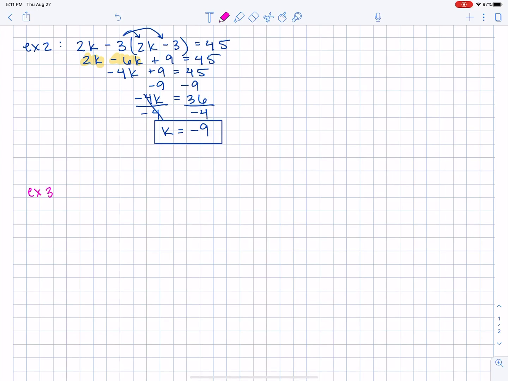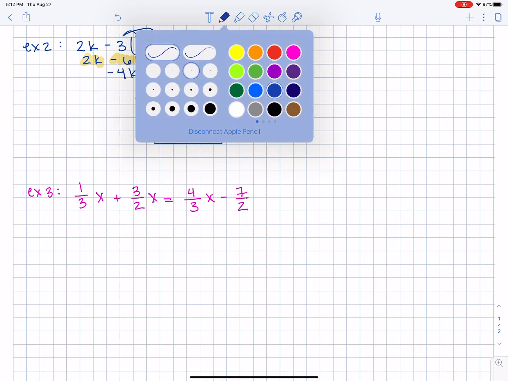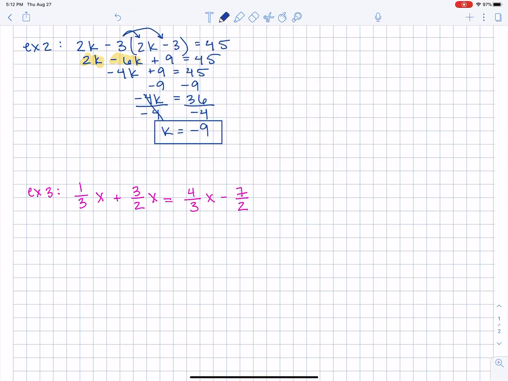Example 3. This one we got a fraction bust. So 1/3 x plus 3 over 2 x equals 4 over 3 x minus 7 over 2. This might have been one of the most difficult problems that you've seen so far, so hopefully you tried it.